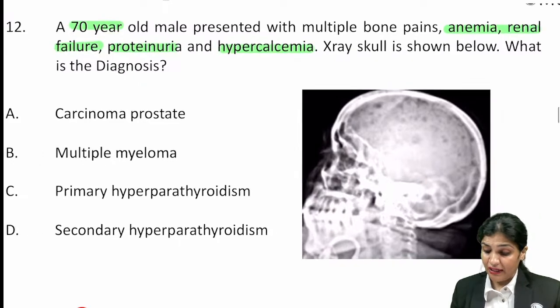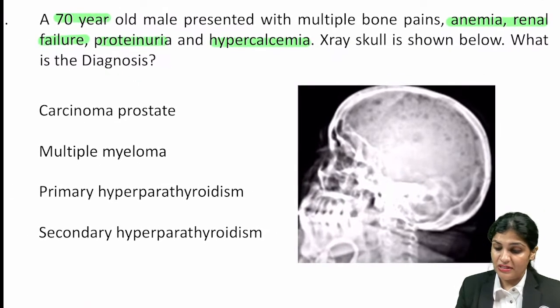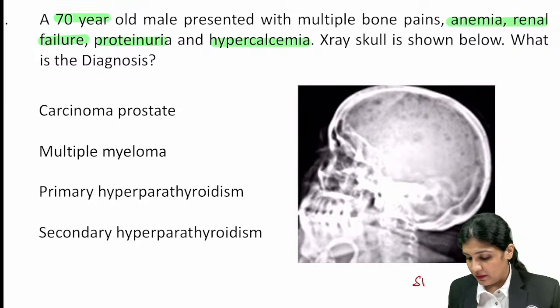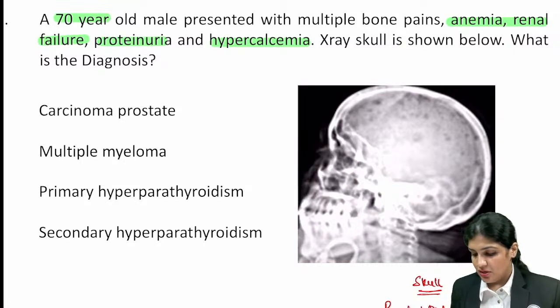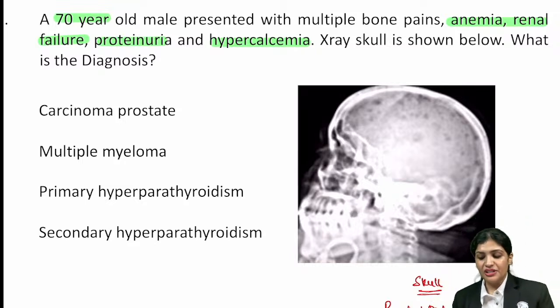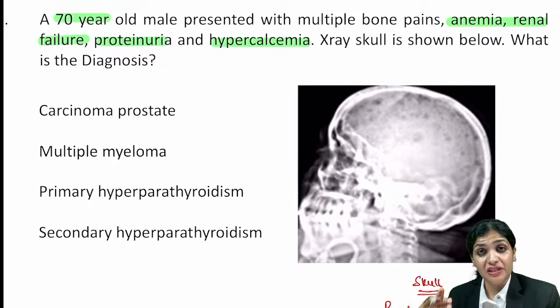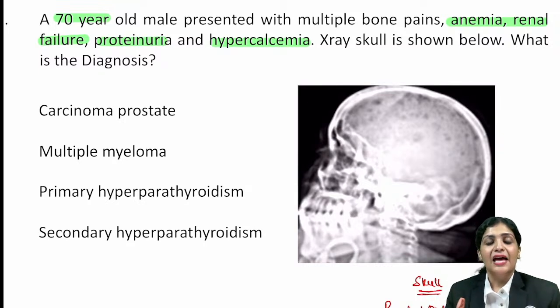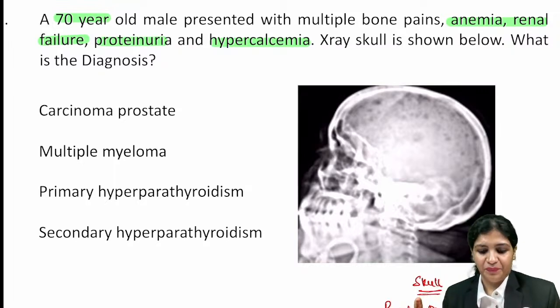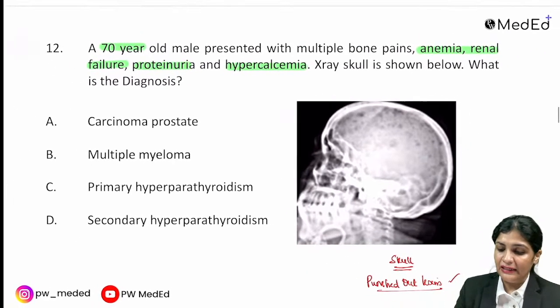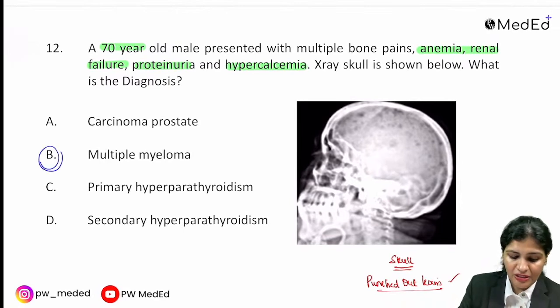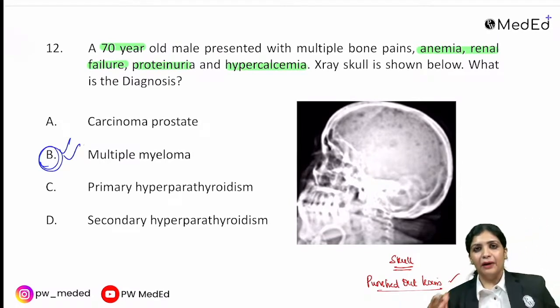If you see the X-ray, this is the X-ray of the skull, and you can see numerous punched out lesions, right? A classical example of punched out lesions in the skull bone, and when they are associated with proteinuria, that is the Bence Jones protein, and then there is hypercalcemia, all this leads to one important condition, that is your multiple myeloma.